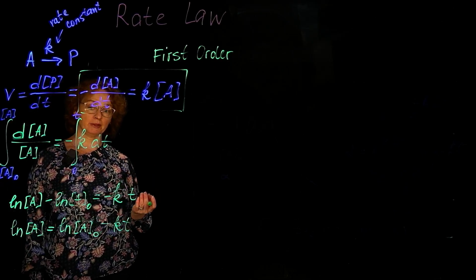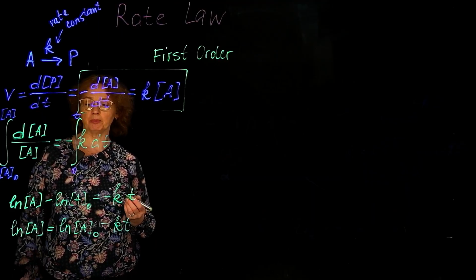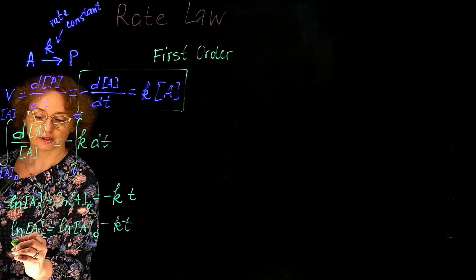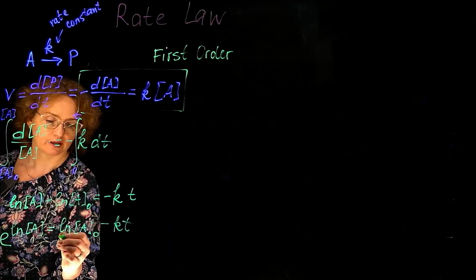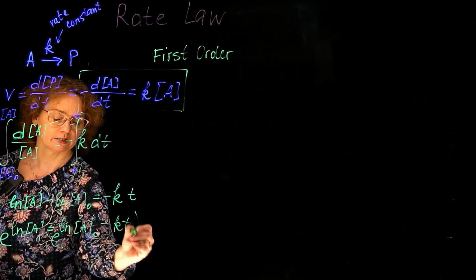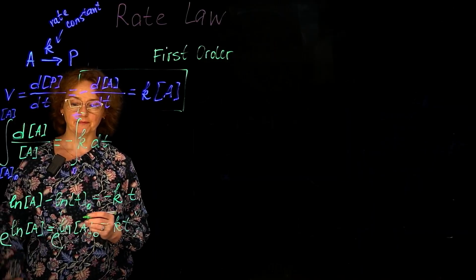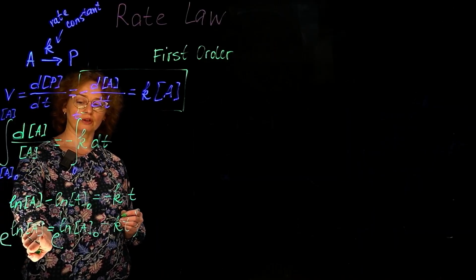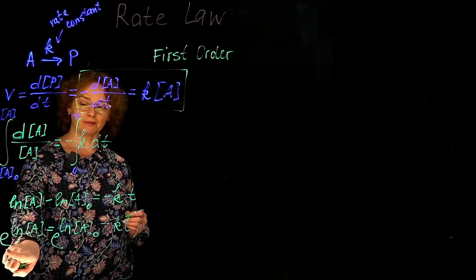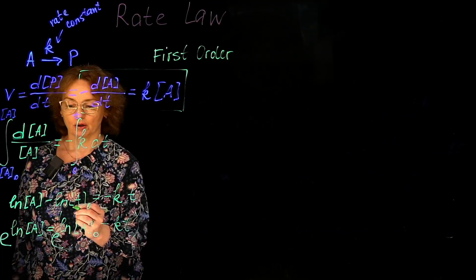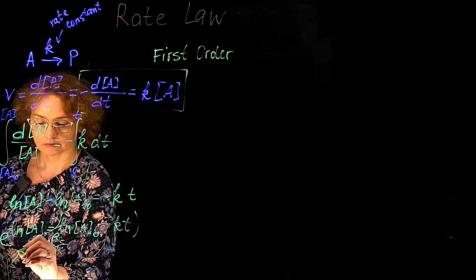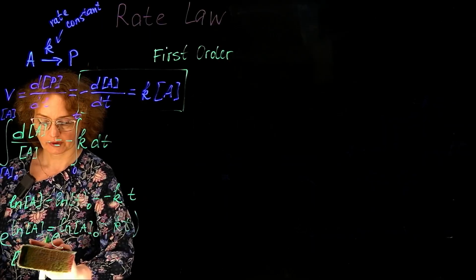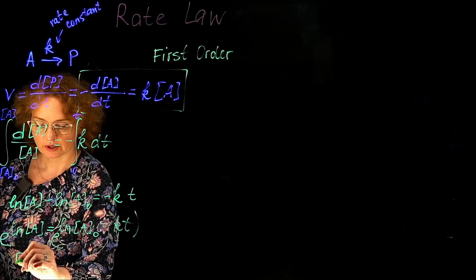And we can simplify it even further by raising everything to the exponent. So we have the exponent here and there, and we can simplify the exponent of the natural logarithm of A, because the base is the same. We have just the concentration.